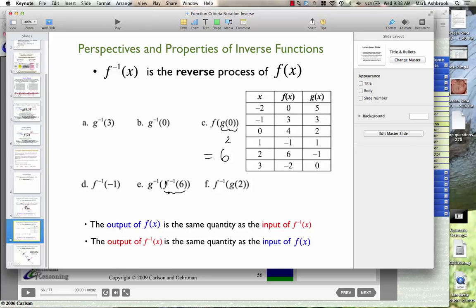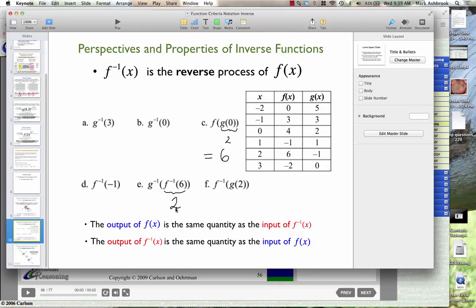We're going to look in the f column for 6, and we're going to get the input of 2. So now what is 2 relative to g? If it's the input into g inverse, then it must be the output of g, and it's asking for the input of g when the output of g is 2.